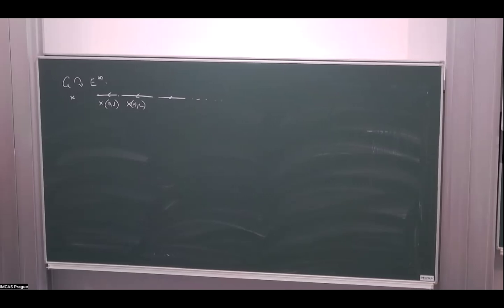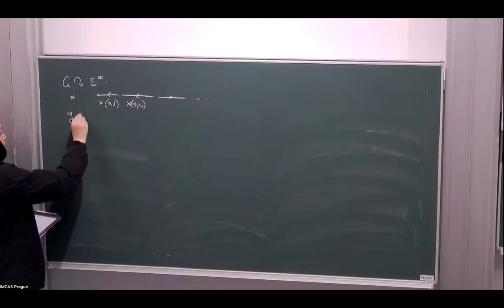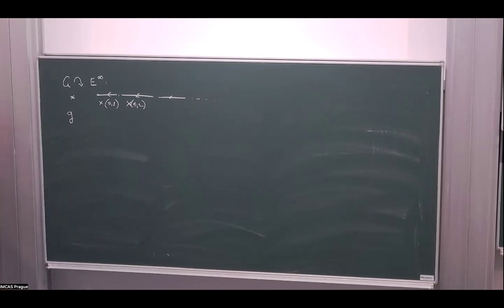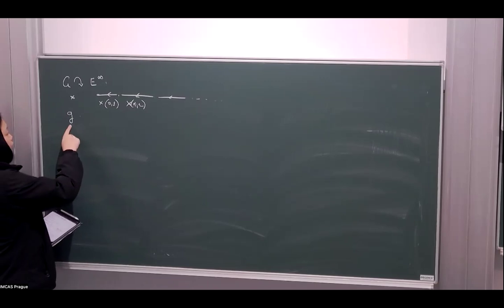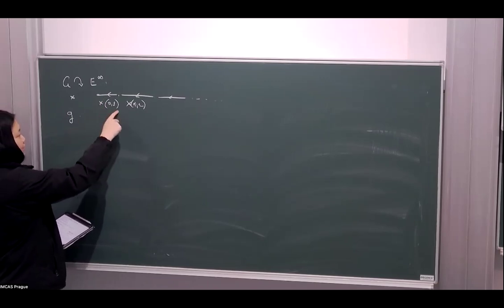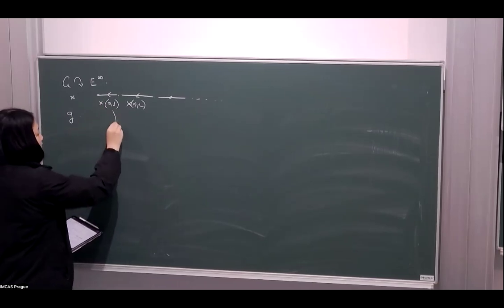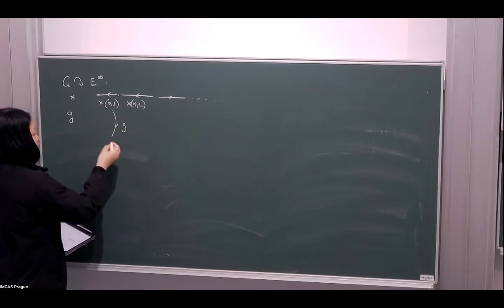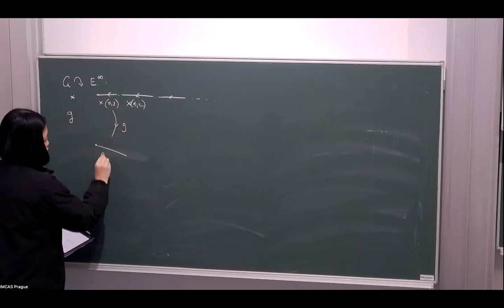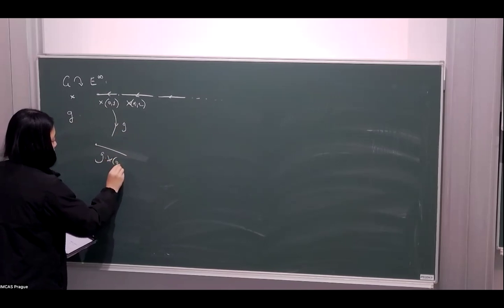Let me pick a group element G. The natural way to follow this self-similarity is that I use this element G to send x_{0,1} to, say, G times x_{0,1}.